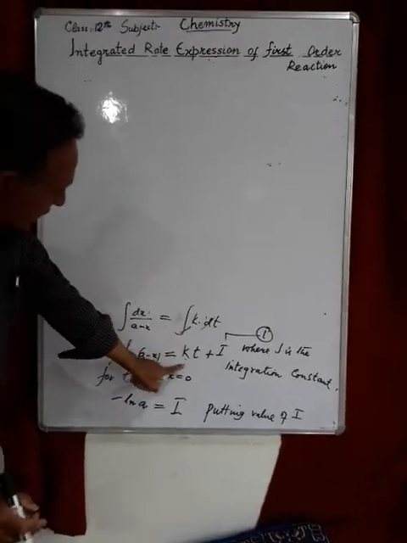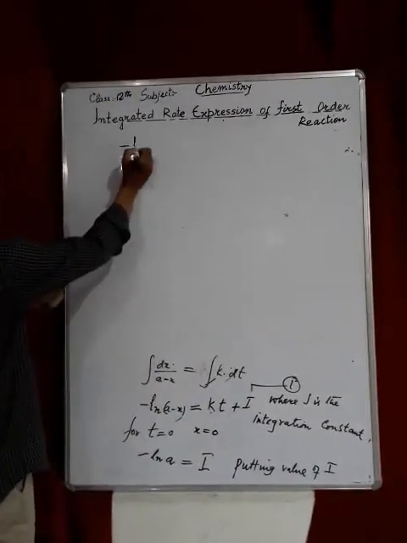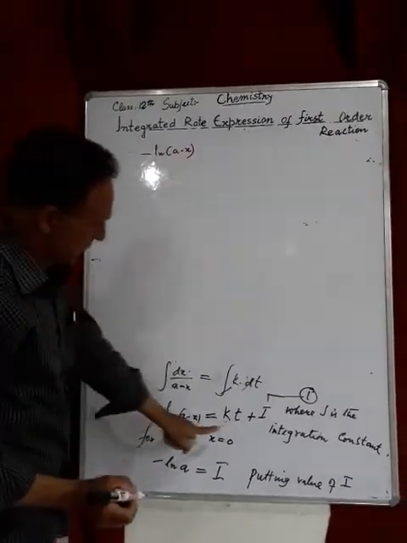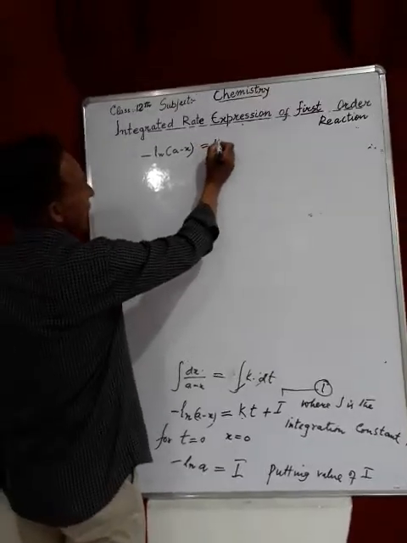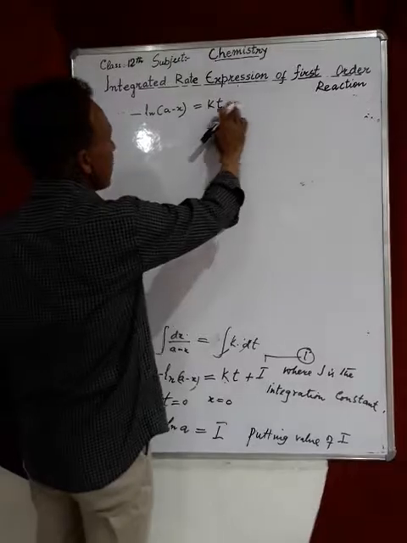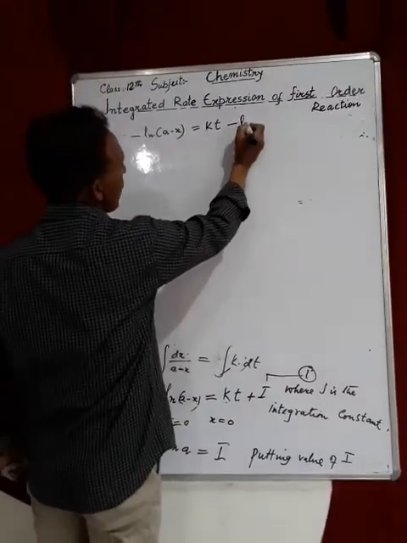We have this equation first. This is minus log natural A minus x is equal to kt, and instead of I we now have minus log natural A.